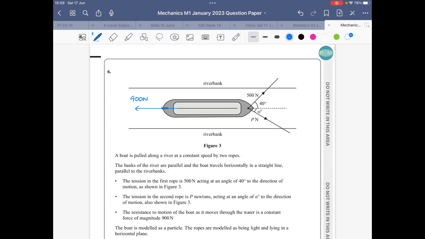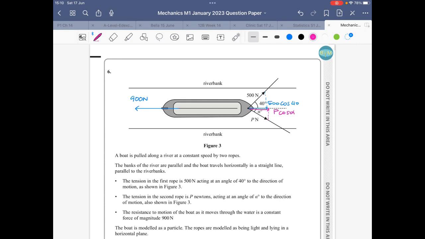So I have this force here, remember it's going to be the value, which is 500, and this is the adjacent to the angle, so it's going to be cos 40, and then the other one is going to be P, which is the value, cos alpha.